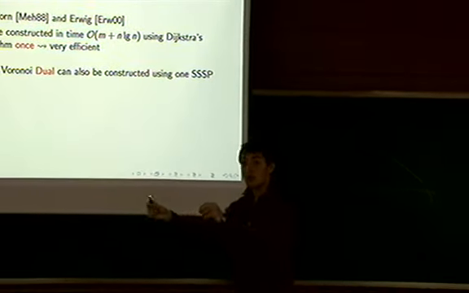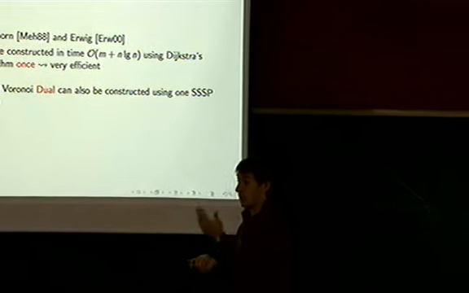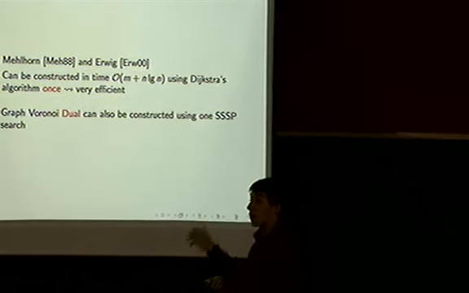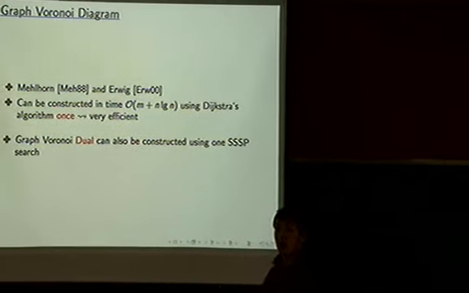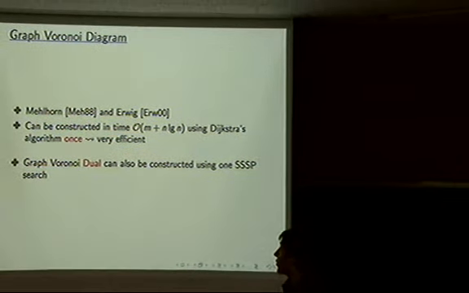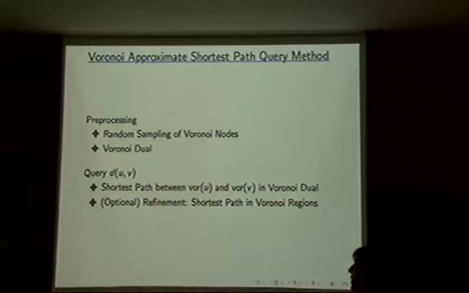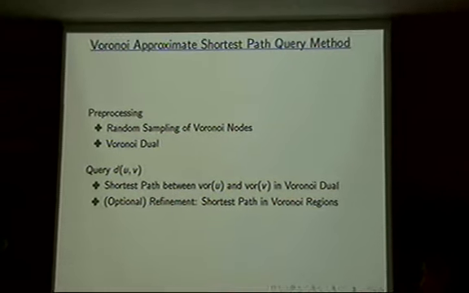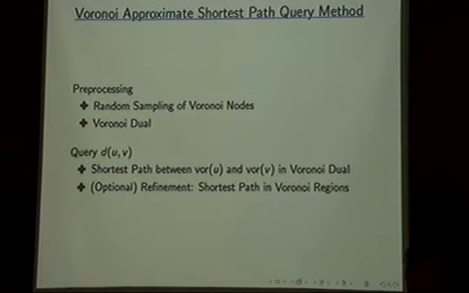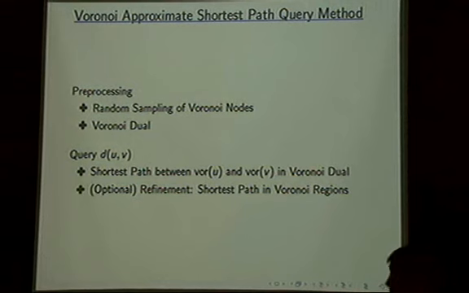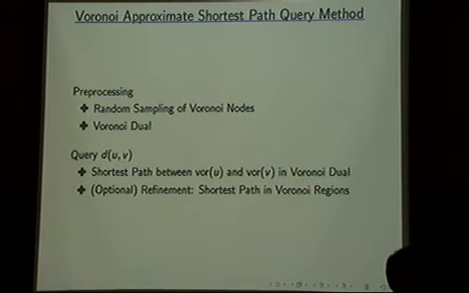And actually in this step we can also compute the Voronoi dual. Because whenever we cross a boundary, whenever we discover an already covered node, then we will have an edge between the two Voronoi nodes. So the preprocessing of this method is really simple. We randomly sample Voronoi nodes. Maybe for these graphs we could also use the strategy of selecting high degree nodes, but we just pick them at random.